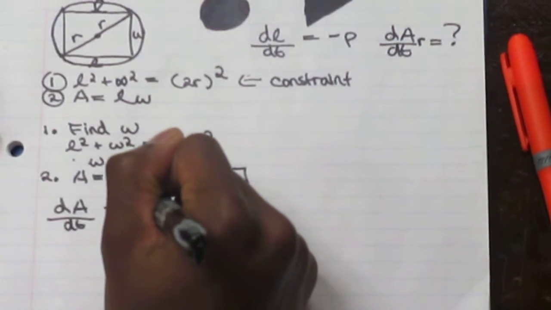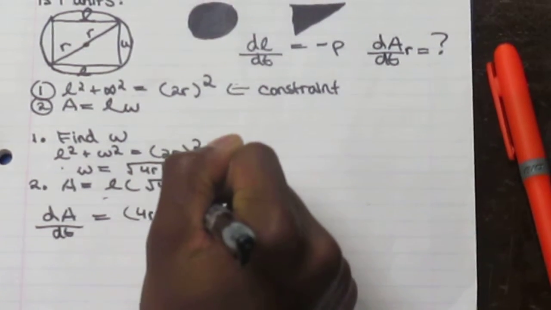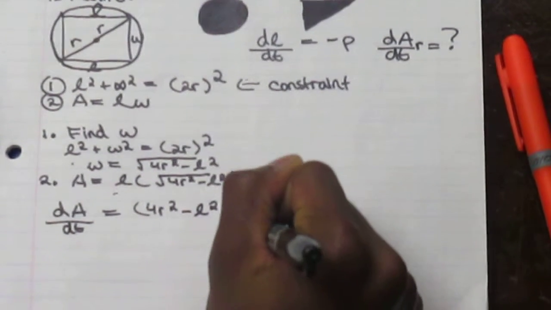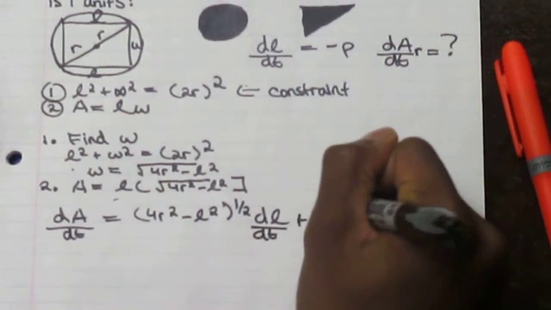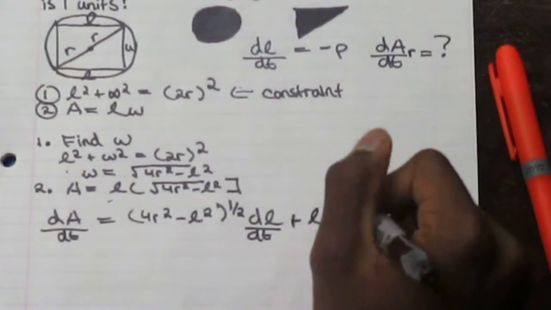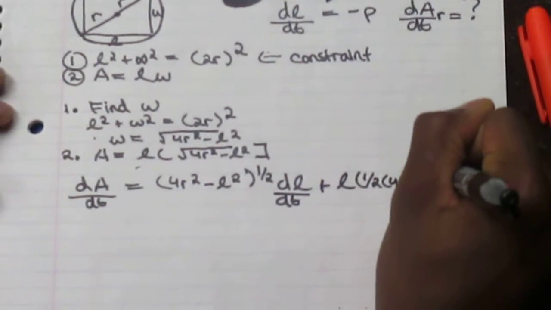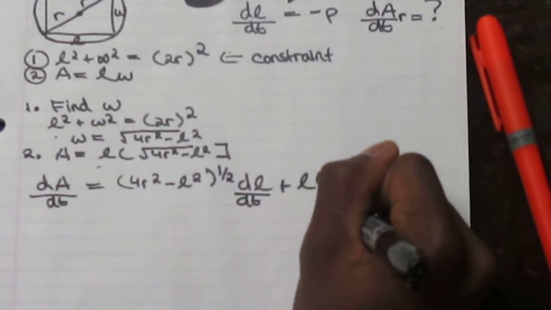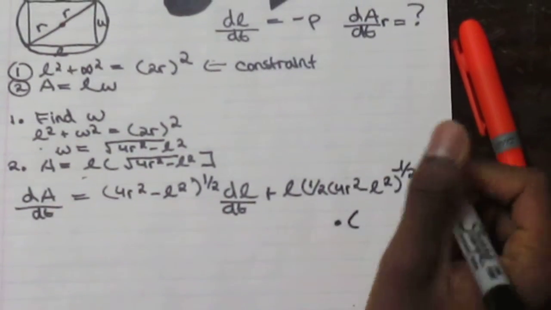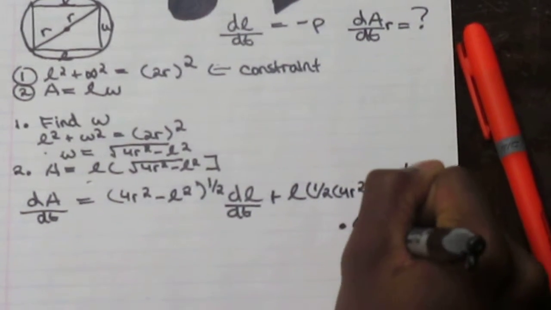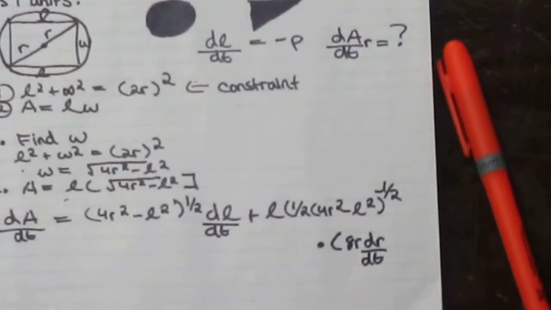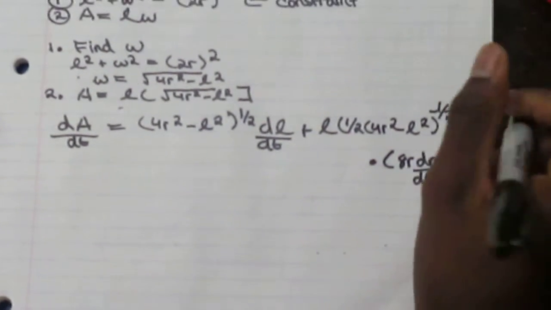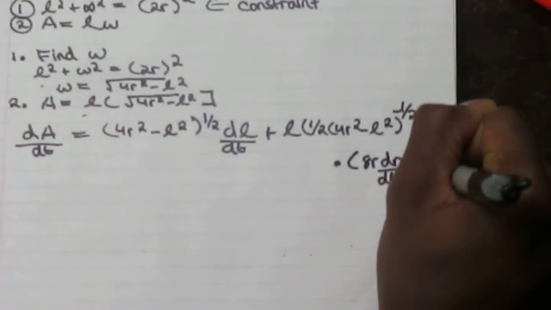So we're going to get the square root of 4r squared minus L squared times dL dt, plus L. This is where the chain rule comes into play. 1/2 times 4r squared minus L squared to the negative 1/2 times 8r dr dt. We are using a little bit of implicit differentiation in order to find dA dt. Then minus 2L dL dt.